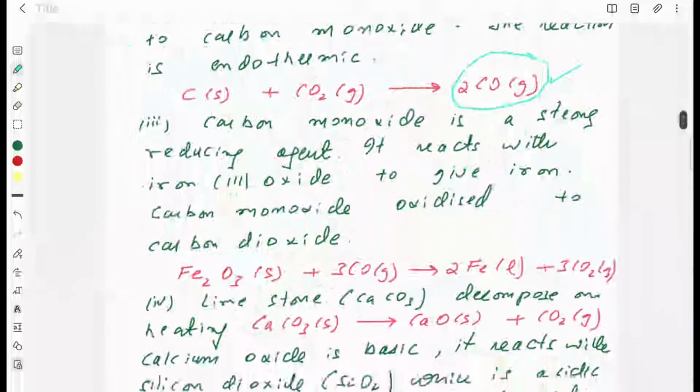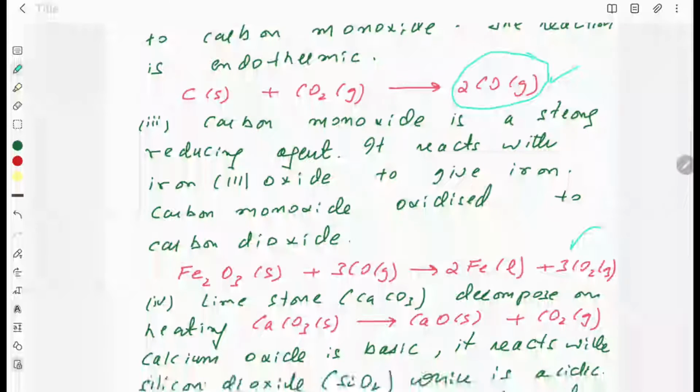So carbon monoxide is a strong reducing agent. It reacts with Fe2O3 or iron(III) oxide to give iron. Carbon monoxide is oxidized to carbon dioxide. So this is the reaction: Fe2O3 reacts with carbon monoxide to give you molten iron and carbon dioxide.